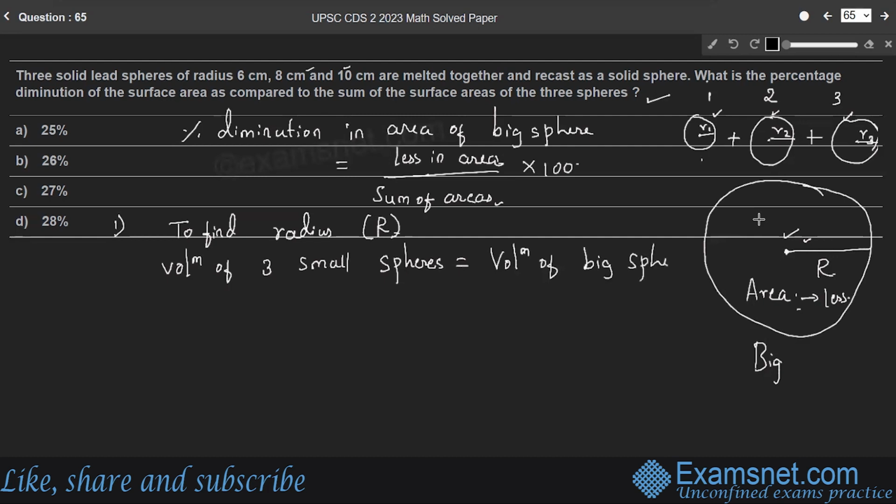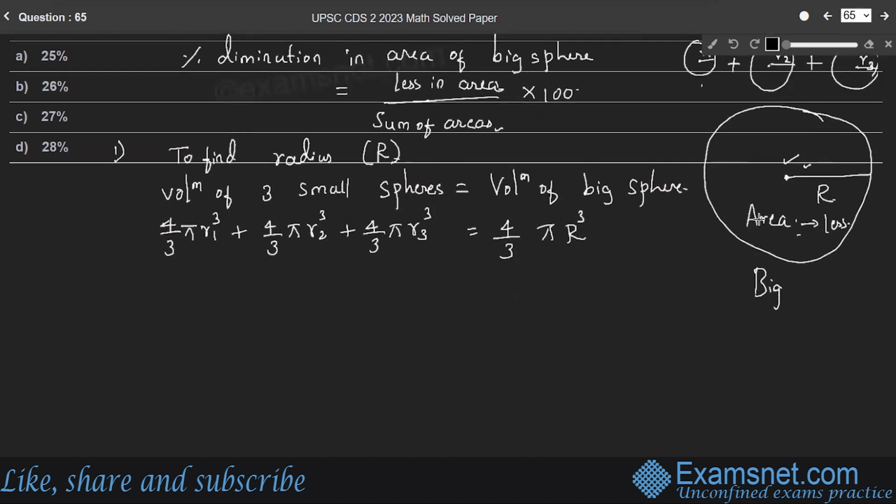The formula for the volume of a sphere is 4 by 3 pi r cube. So 4 by 3 pi into R1 cube plus 4 by 3 pi into R2 cube plus 4 by 3 pi into R3 cube is equal to 4 by 3 pi into capital R cube.